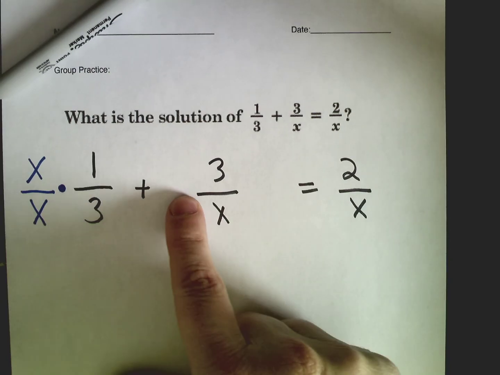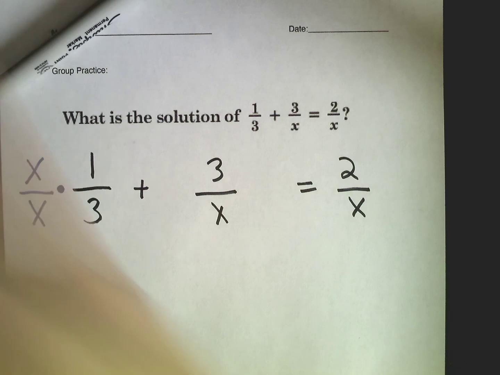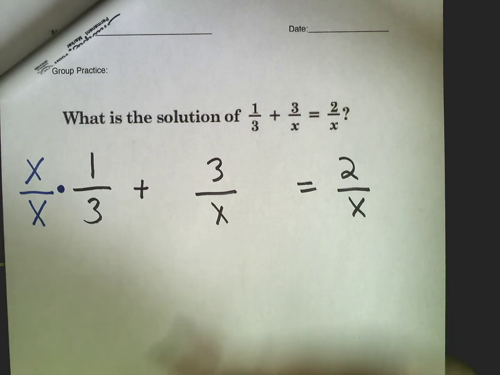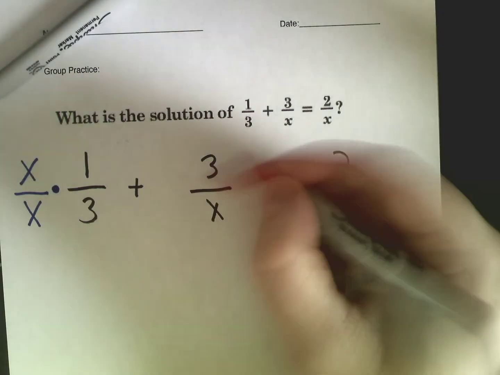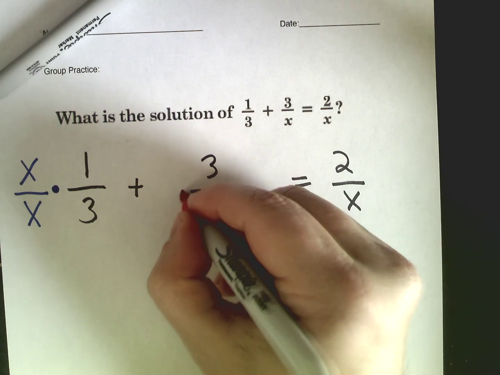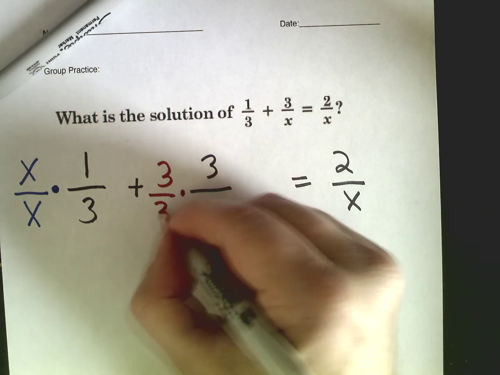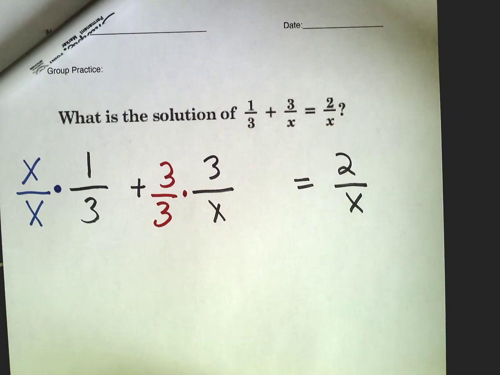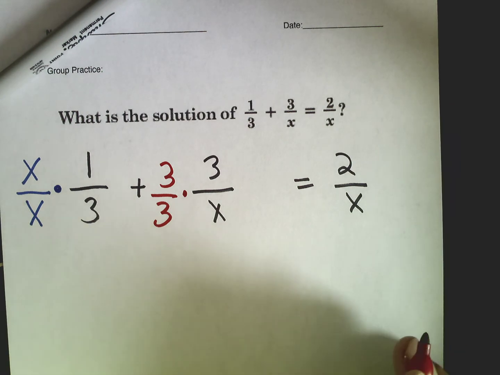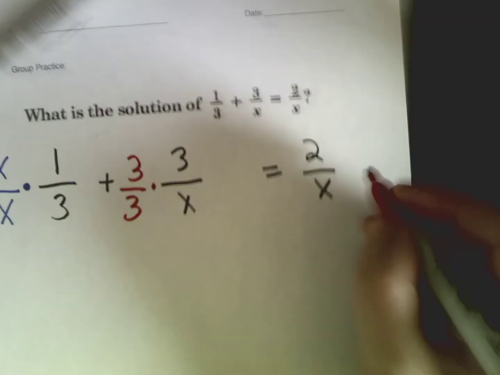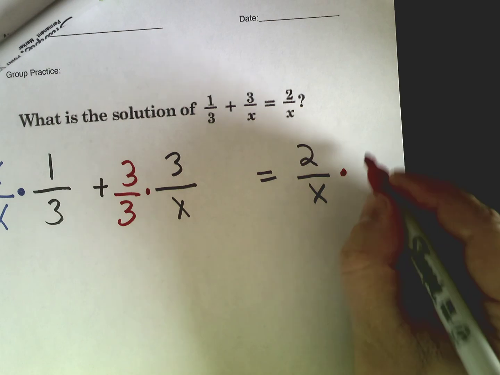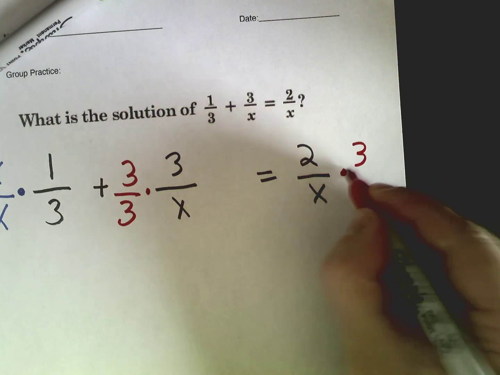For this one, I'm going to multiply by a different 1: 3 over 3. 3 divided by 3 is 1. And this one over here is another special one that I'm also going to multiply by 3 over 3.